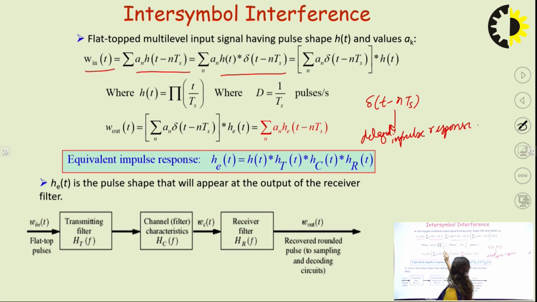So that is rect(t/T_s), where D is equivalent to 1/T_s pulses per second.